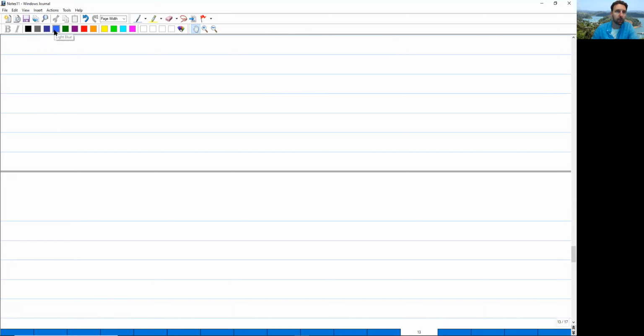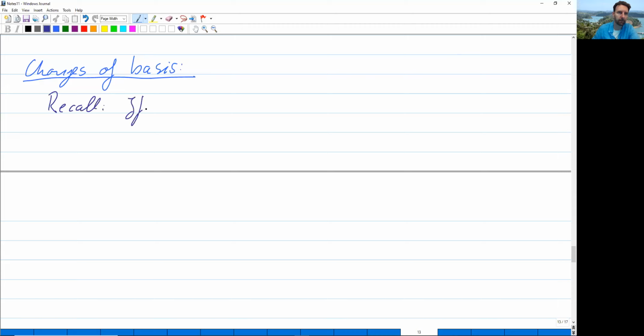Right, now, what we were aiming for is changes of bases in the Hilbert space. Okay, let me remind you. Recall, if f hat is an operator, then we can look at the matrix elements of f hat in a basis such as the B_n.